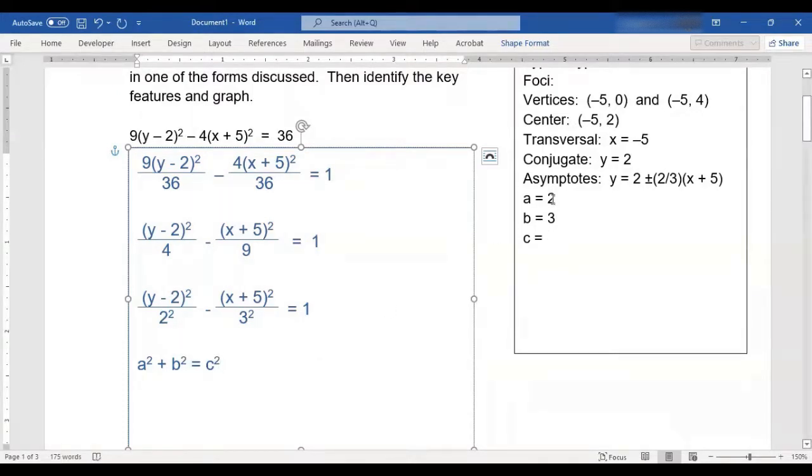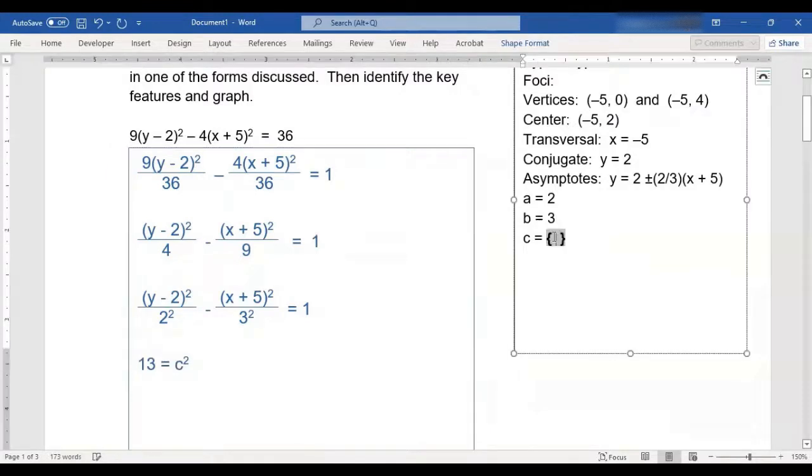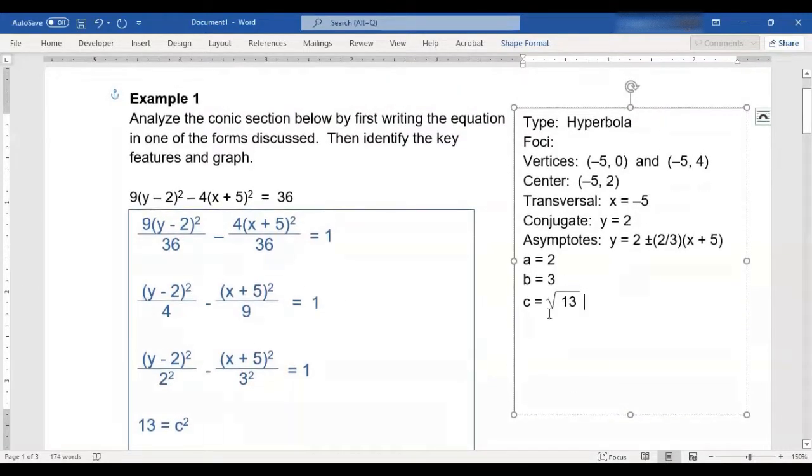So we can plug in 2 for a and 3 for b. 2 squared is 4 and 3 squared is 9. And when we add those, we get 13. So that means that c is going to be the square root of 13. Since these are distances, these are always going to be positive radicals.